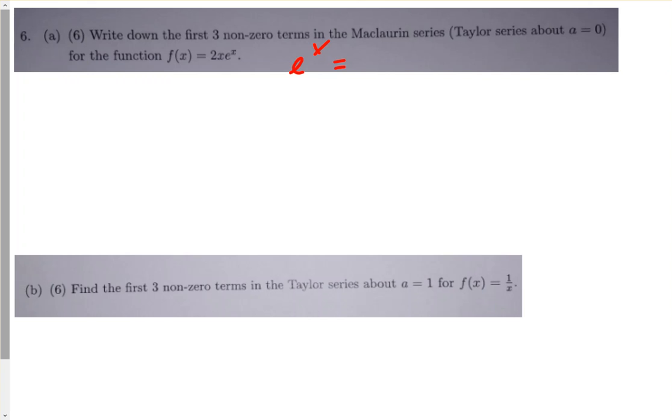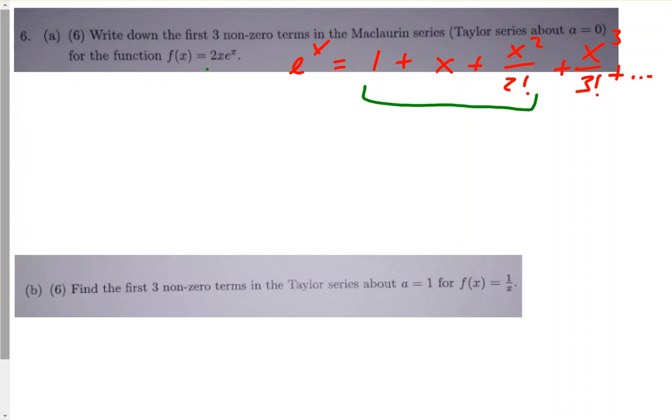Remember, e to the x is 1 plus x plus x squared over 2 factorial plus x cubed over 3 factorial, and so on. Now we only need the first three non-zero terms, so we're going to focus on these three, the first three non-zero.